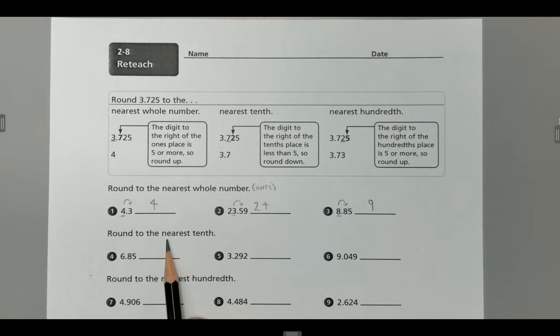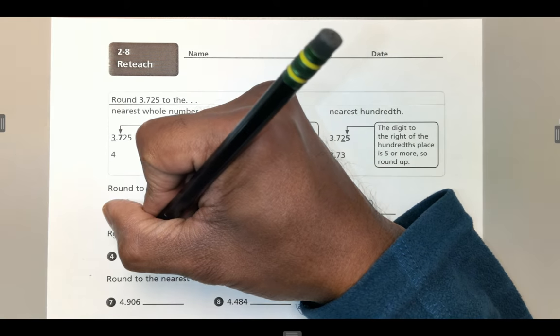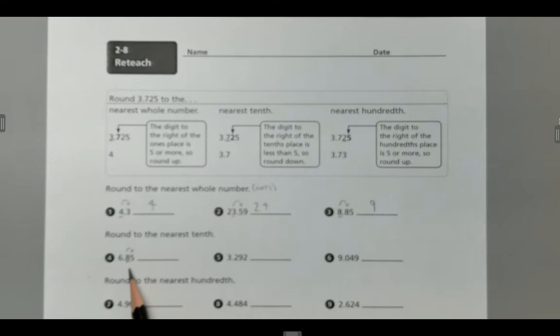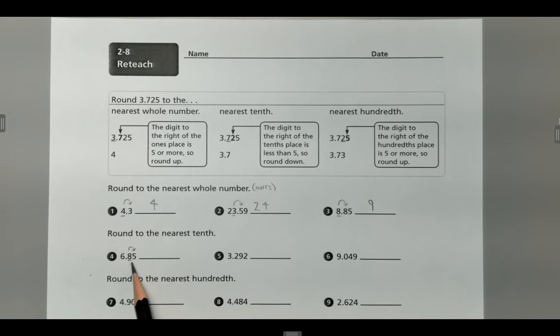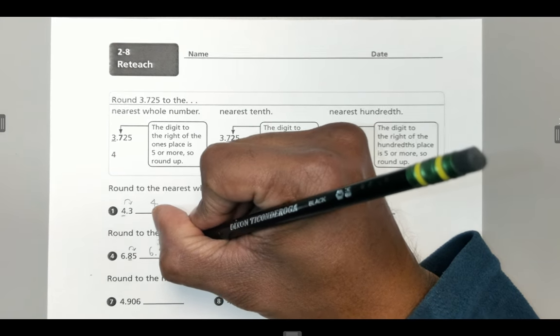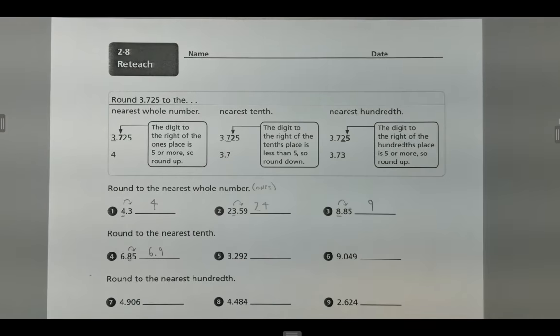The next set of practice problems, I'm rounding to the nearest tenth place. Let's underline that. Here, the neighboring digit to the right is 5 or more. That means I raise the score on what I've underlined, and drop everything else to the right.